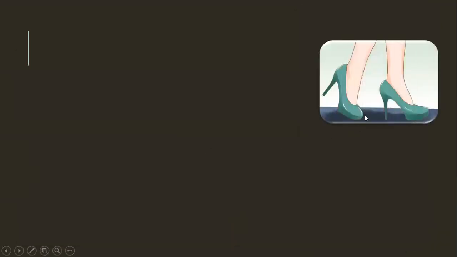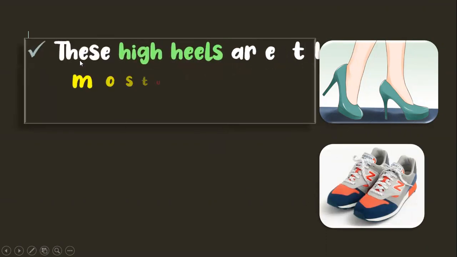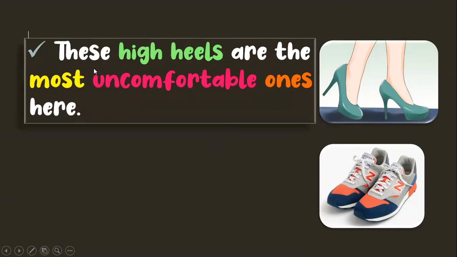What about this one? Oh, these are high heels. And these are sneakers. In this case, we use these. These high heels are the most uncomfortable ones here.